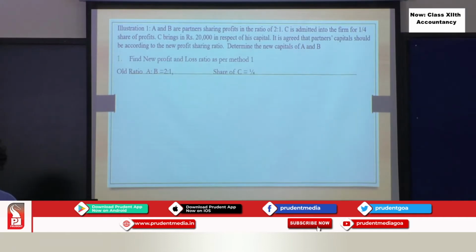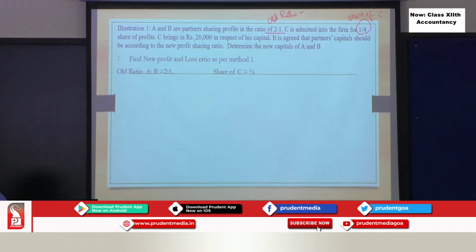Look at the question given on the screen. A and B are partners sharing profits in the ratio of 2:1. You will notice that this is the old ratio. C is admitted into the partnership firm for 1/4 share. So, you are given the share of the new partner, and the old ratio is given.